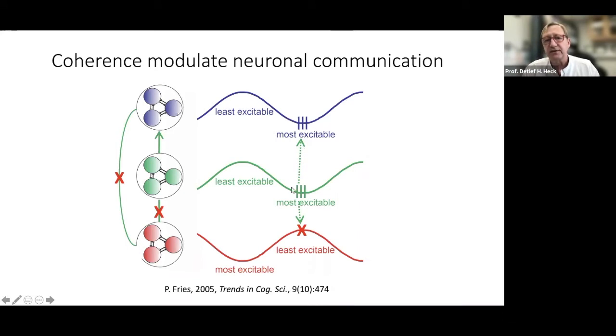So when both structures are in the negative phase of their oscillation and they exchange spike activity, the chances are increased that the spike activity will actually elicit a response in the target area. If the phase relationship is unstable or opposite, that will hamper neuronal communication. So coherence of oscillations is a meaningful measure, and it informs us about how well 2 structures are communicating with each other.